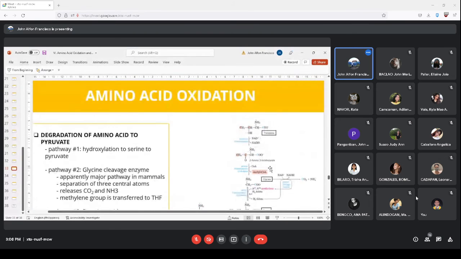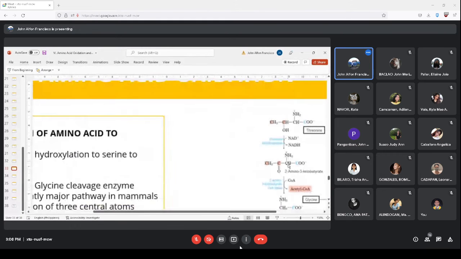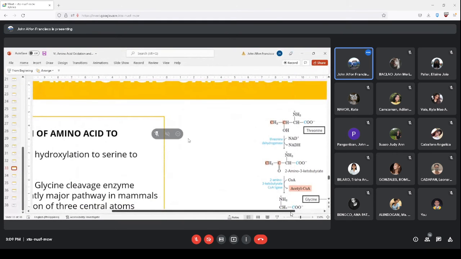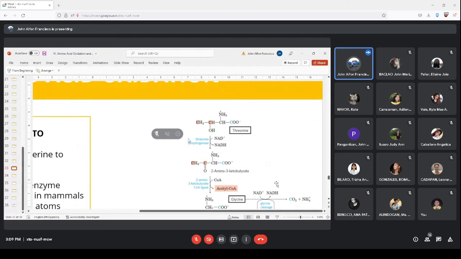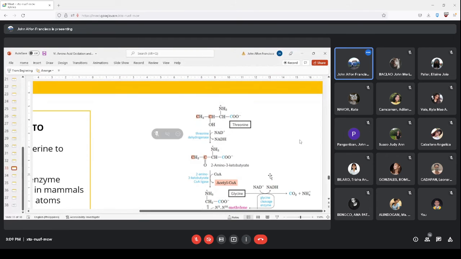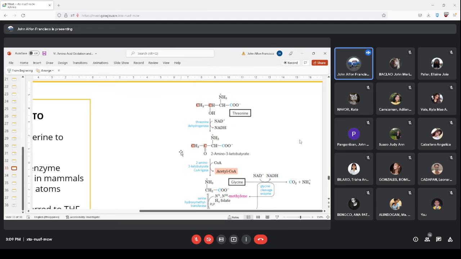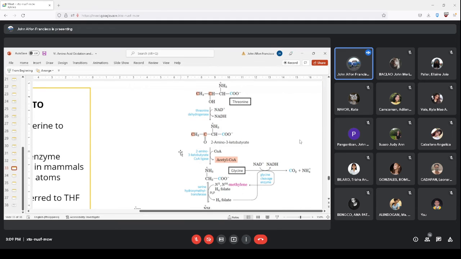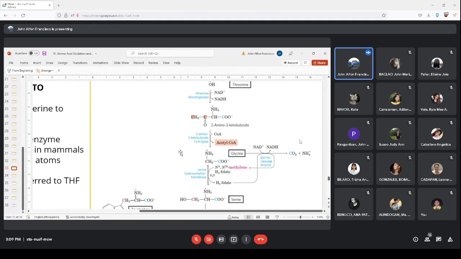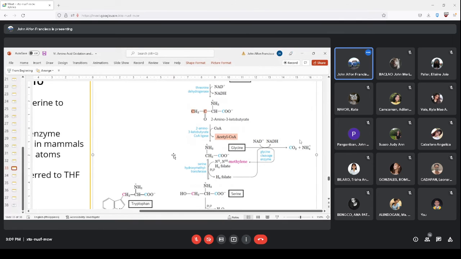Threonine can undergo oxidation to form 3-amino-3-ketobutyrate. You form a carbonyl here, and upon addition of coenzyme A, you can have acetyl-CoA and this intermediate.